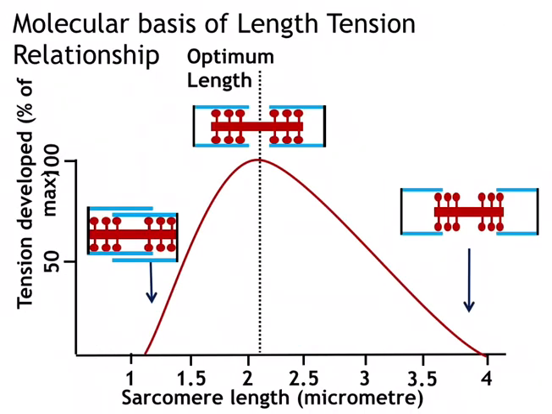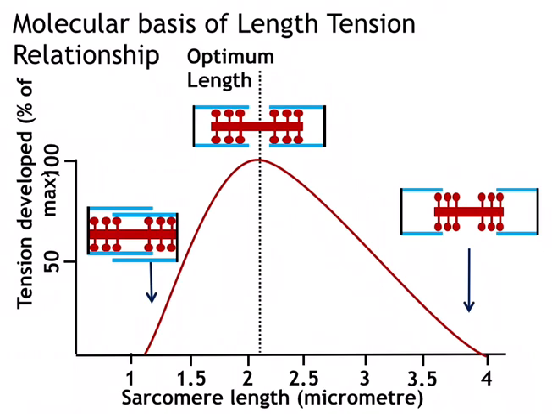If you take the active tension and measure it across different lengths of the sarcomere, you will see that there is one length of the sarcomere where you will get a maximum force. That is because at that point you have the maximum number of cross bridges. If you pull the muscle, basically if you add more weight to it, the muscle becomes stretched.